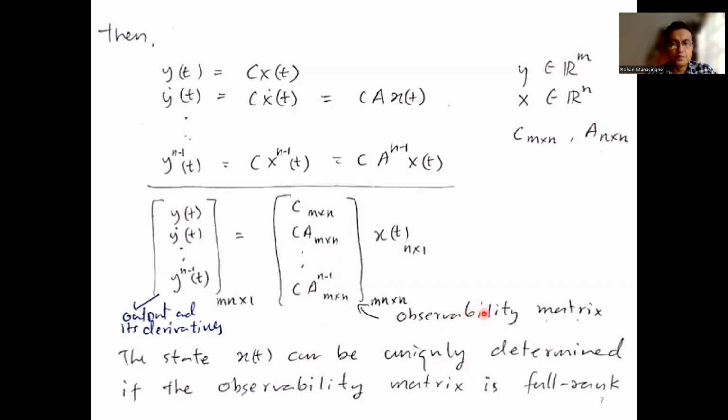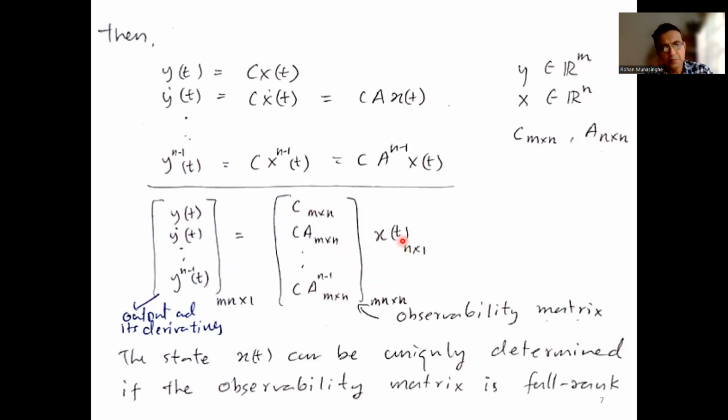Is that clear? So this is actually the state variable vector. And you have no idea where the values are. But this equation tells you if you keep recording these ones, if you have yt, y dot t up to yn minus 1 t, all of these values, and if you have this matrix also, you can calculate xt.